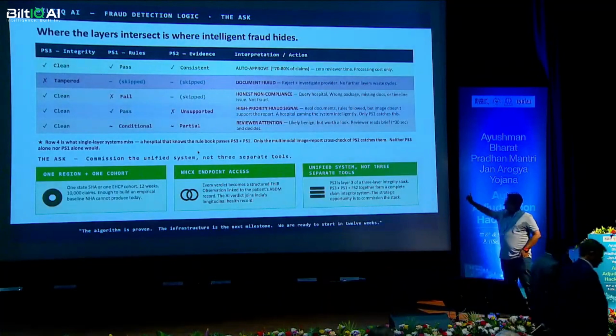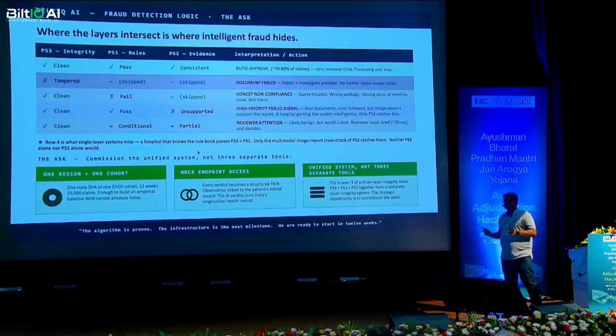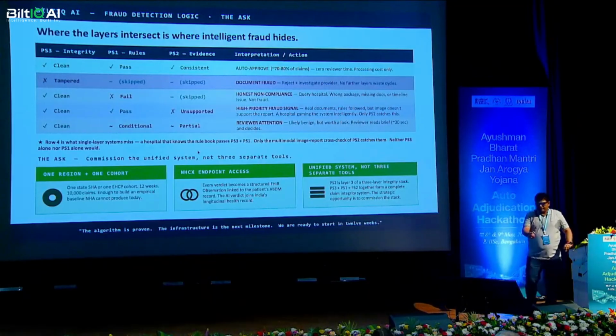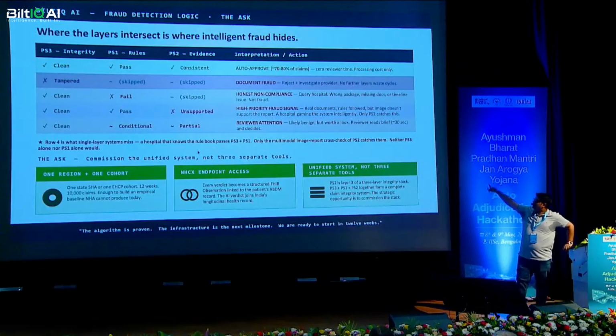So how will the whole system work? This is a data table that we thought should work. If integrity is there and the document is clean, then it goes to the PS1 rule. If it passes and is consistent, auto approve.